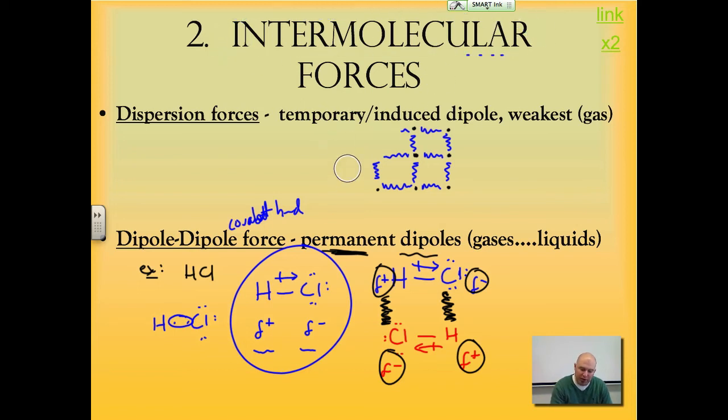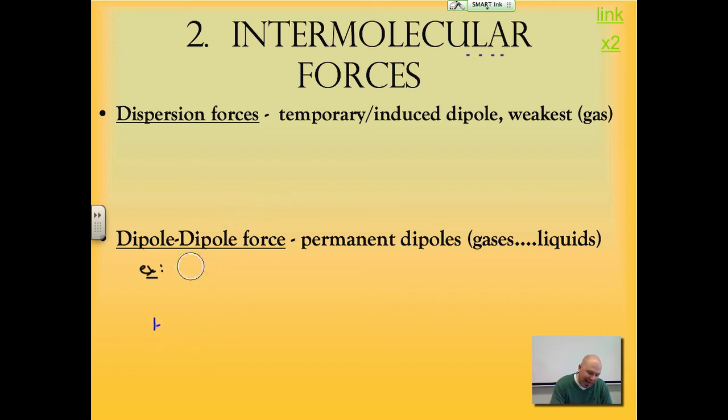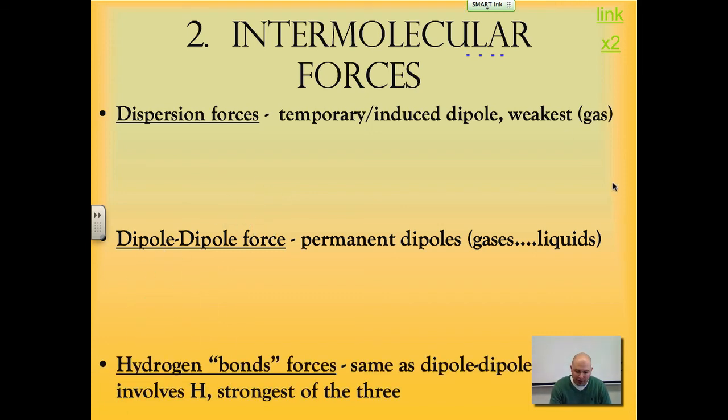I'm going to move on to the next one real quickly. I don't want to spend too much time on it, and you'll see why in just a moment. The last type of intermolecular force I want to talk about is hydrogen bonds. You might see my head might be cutting off over here, but it basically says hydrogen bonds or forces are the same as dipole-dipole forces, but they involve hydrogen.